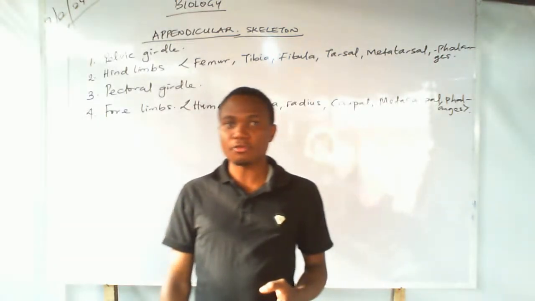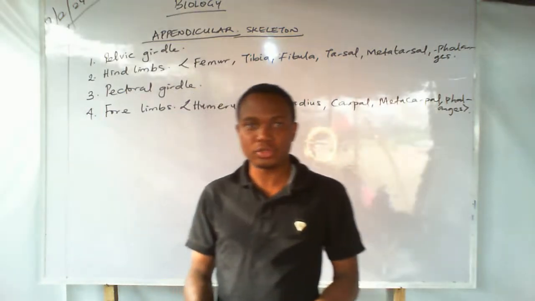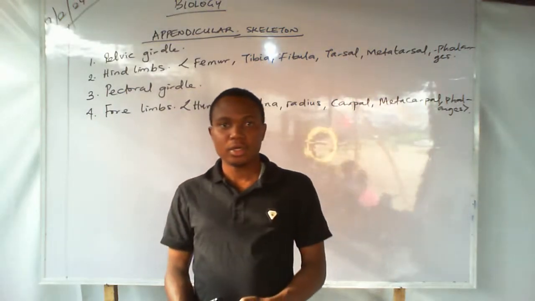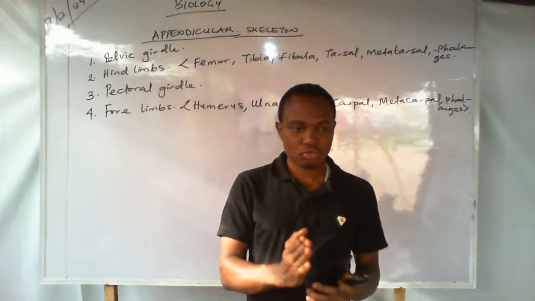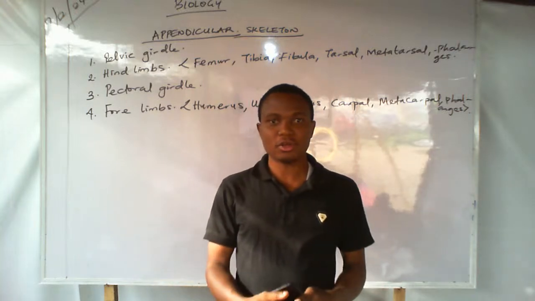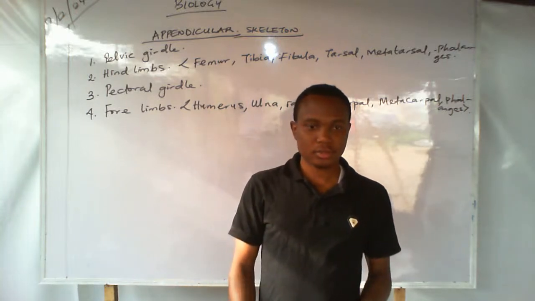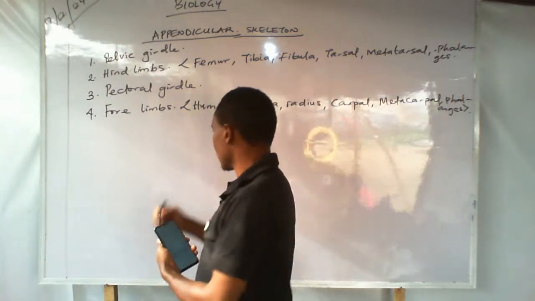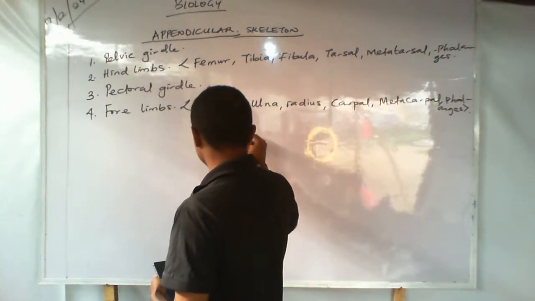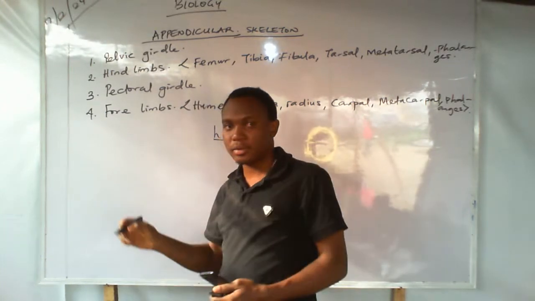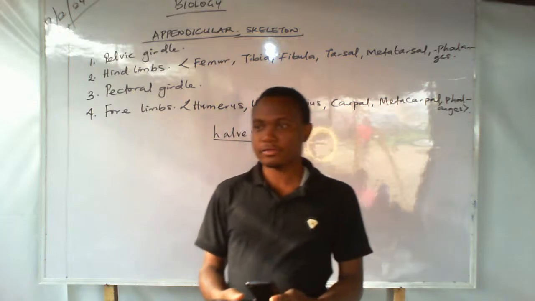And it consists of two halves of bones. It consists of what? Two halves of bones. Plural for half.